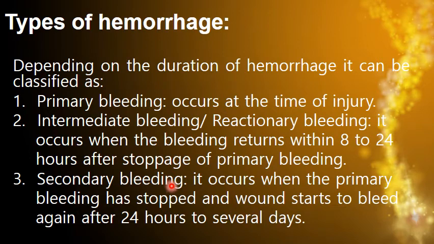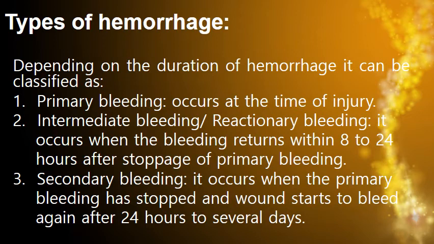The secondary bleeding occurs after 24 hours from the surgery. It could occur due to dislodgement of the clot, or secondary trauma to the wound, like unnecessary biting of the wound, or the patient playing with his tongue in the socket.